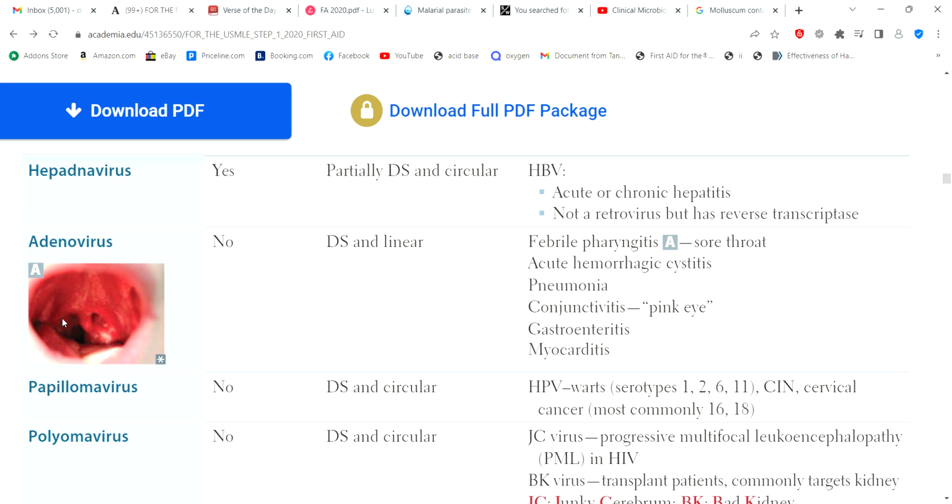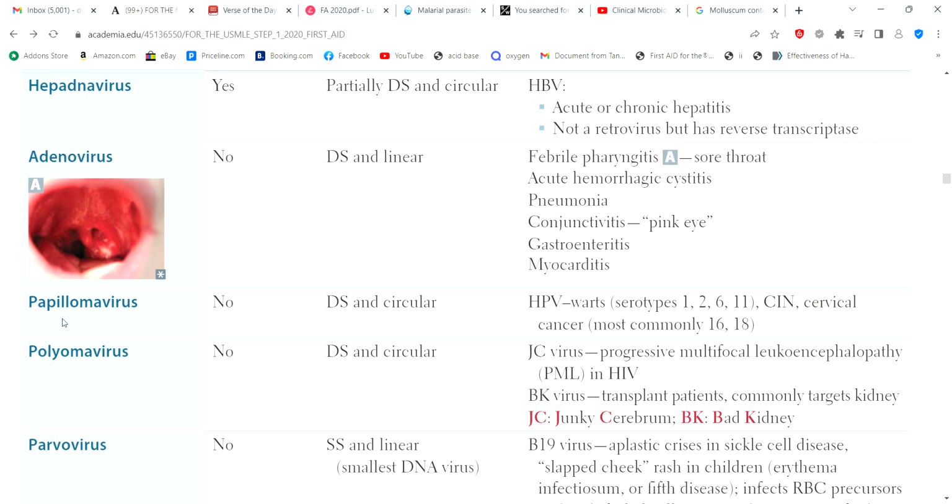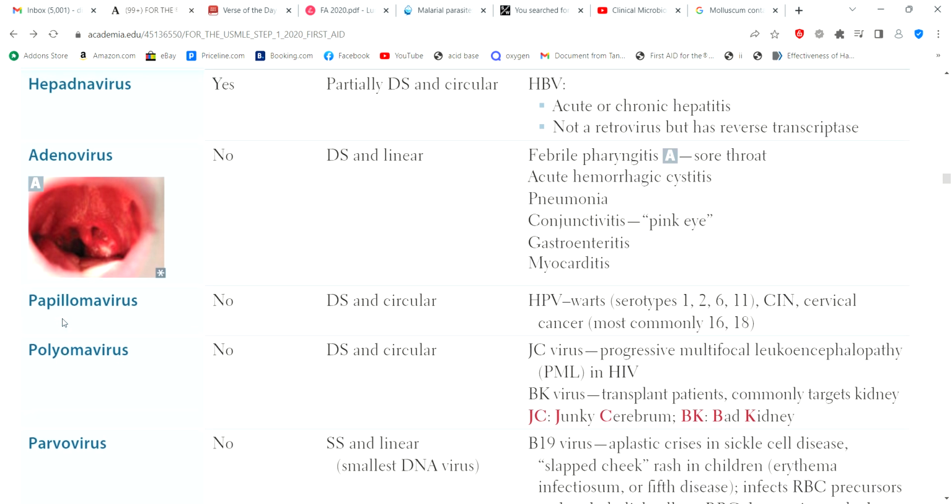It's a DNA virus. They like to ask this, and they like to mix enterovirus, adenovirus, and norovirus, so make sure you remember this. Adenovirus causes pneumonia, gastroenteritis, pink eye, cough, fever, and sore throat.